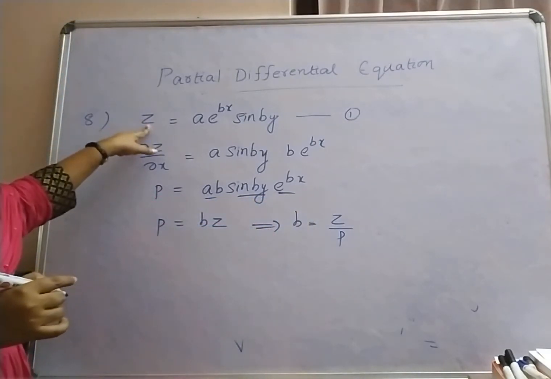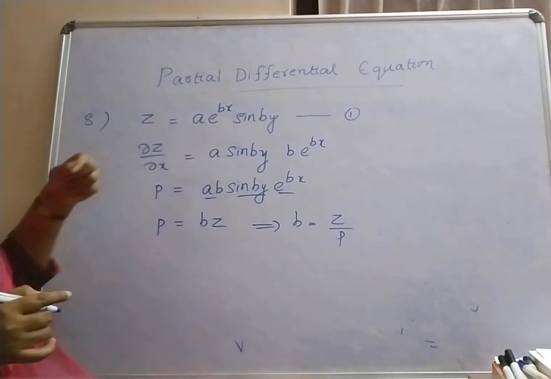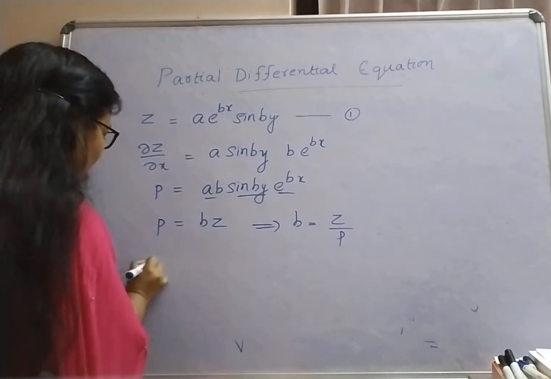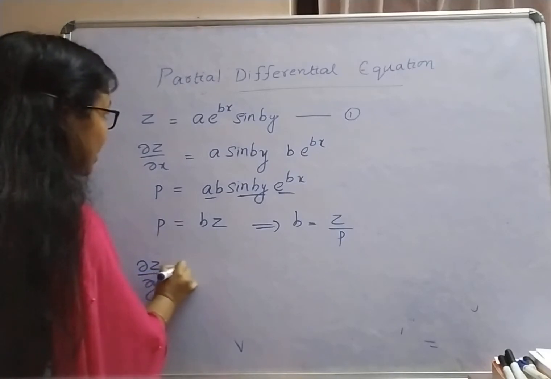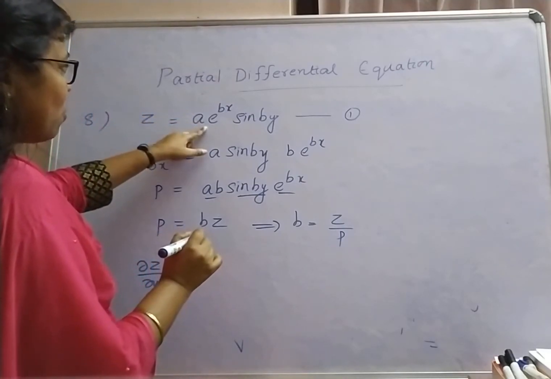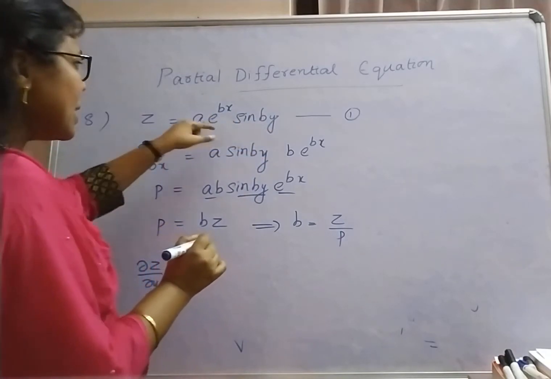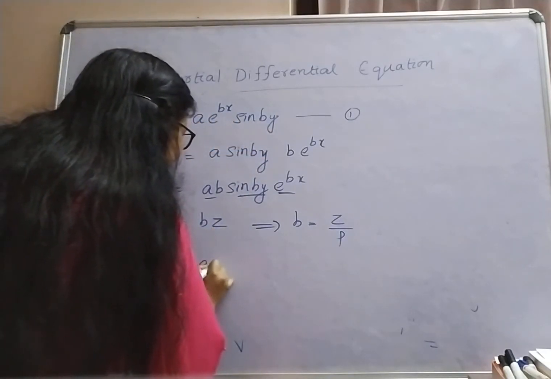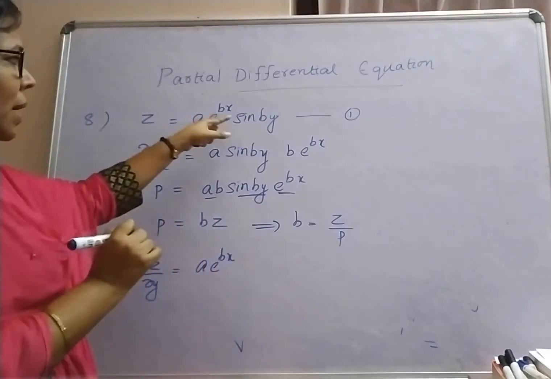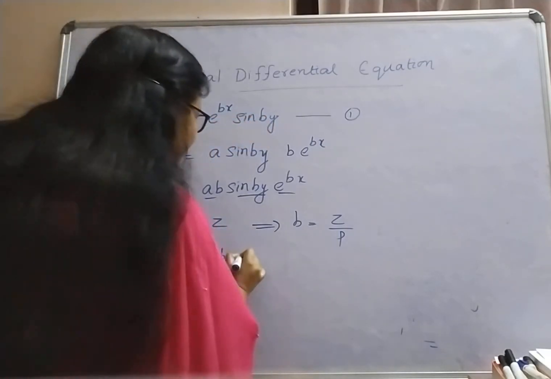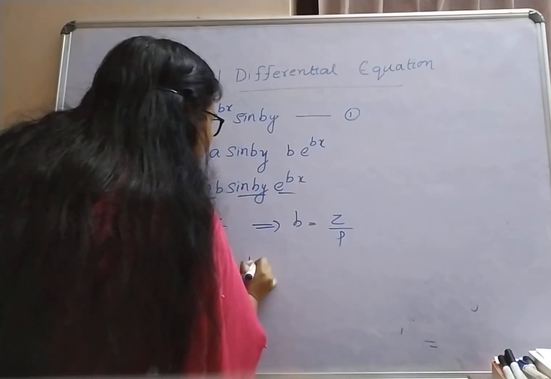Then partially differentiating equation number 1 with respect to y, we get dou z by dou y equal to, in the case of partial derivative with respect to y, a e raised to bx is constant. A e raised to bx into the partial derivative of sin by with respect to y, which is b cos by.